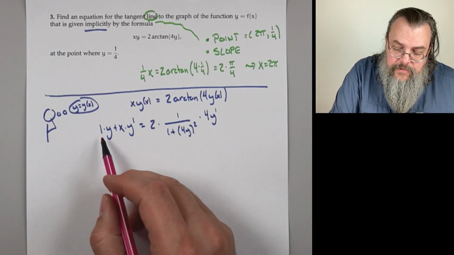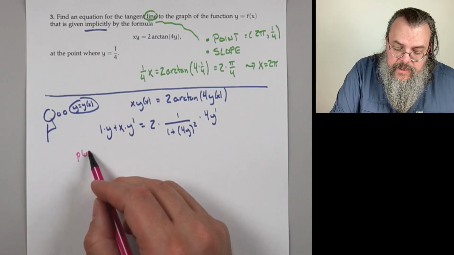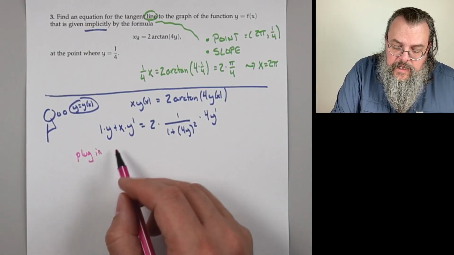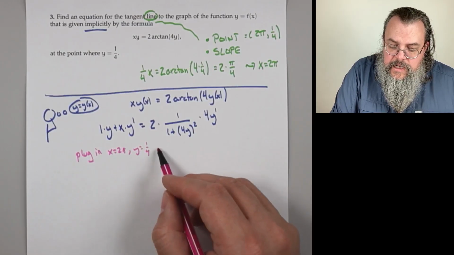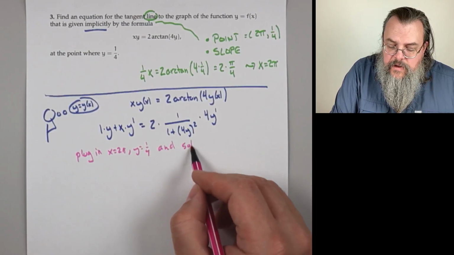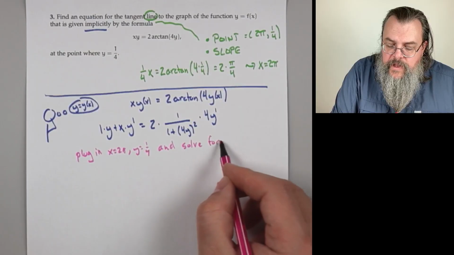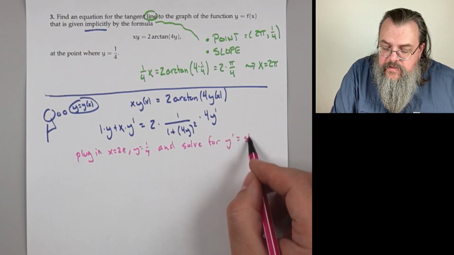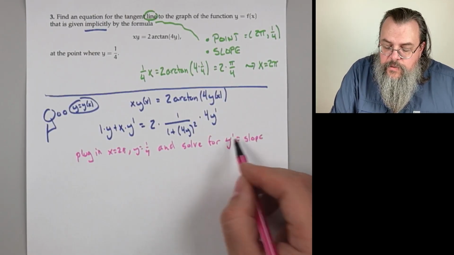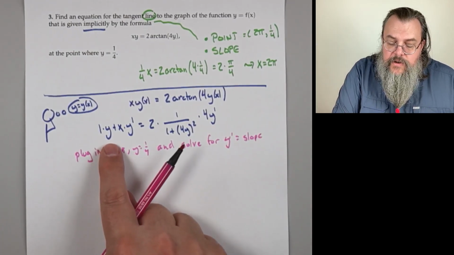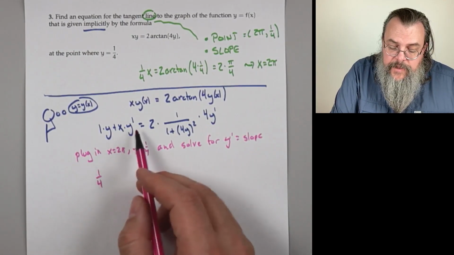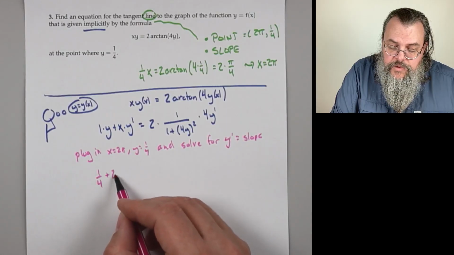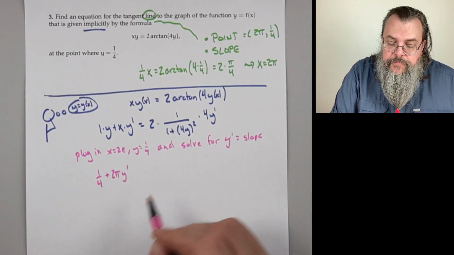I'll make a note here, plug in x equals 2 pi, y equals 1/4, and solve for y prime. That is the slope. Okay, so here we go. 1 times y will become 1/4. X times y prime will become 2 pi y prime.